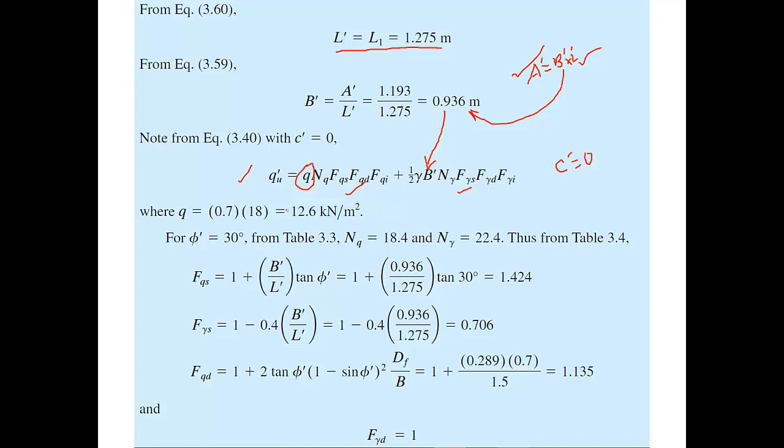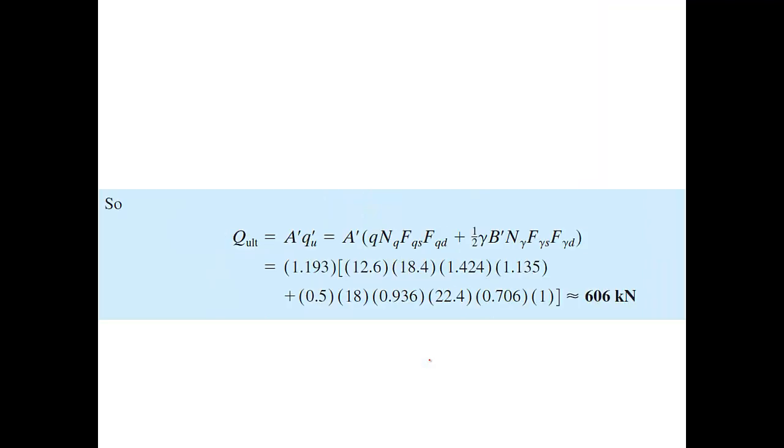And we can see the unit weight is 18. So we can find out the stress. Okay, and then we can find out these other values by using this phi. And then gradually, once we get all the values, we can find out the Q ultimate, and that is actually one of the easiest ways.